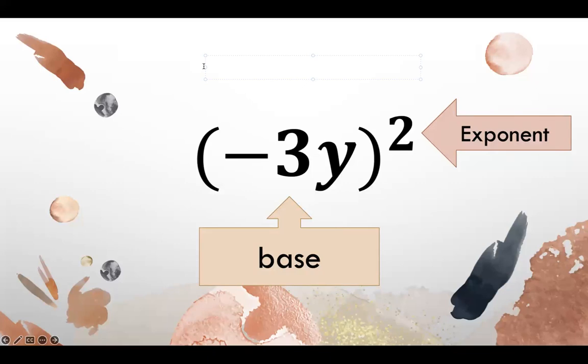So this is now in expanded form: negative 3y times negative 3y. Again, the base is negative 3y because it is enclosed in a parenthesis and it is raised by the exponent 2.